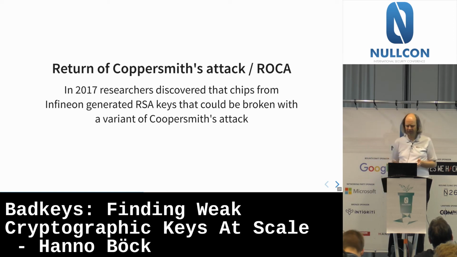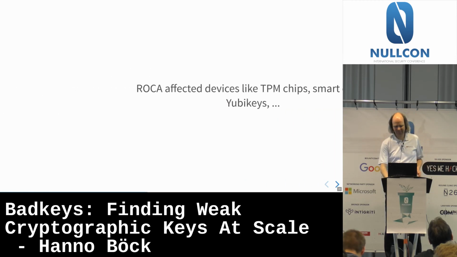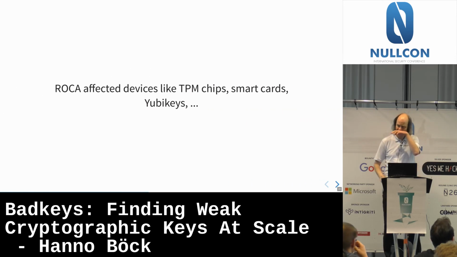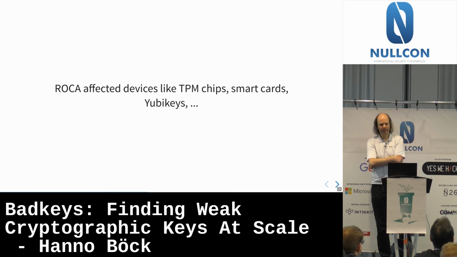The attack is expensive, it takes some 100 CPU hours, but it's doable. This was in things that were used in smart cards, in TPM chips, YubiKeys, things like that. So embedded stuff.